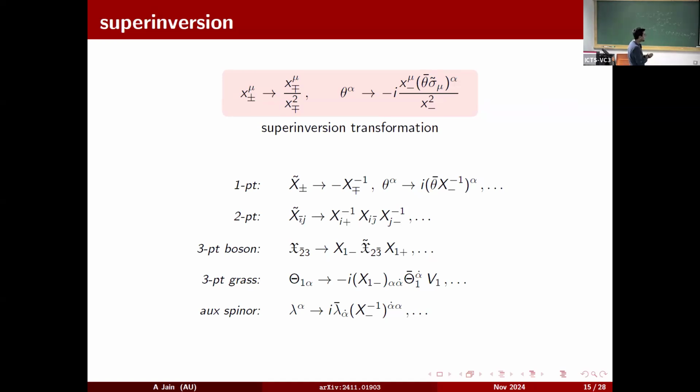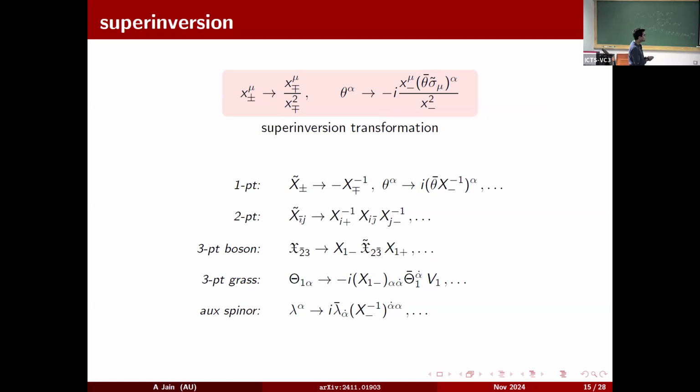So as you can see, xi bar j goes to xij bar under superinversion. And what we also have are these pre-factors and the post factors. So basically, this block transforms homogeneously, right? And now what you can also see is the 3-point Grassmannian block transforms homogeneously as well. Again, up to a conjugation.